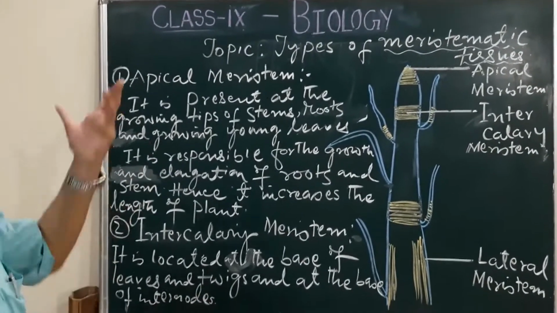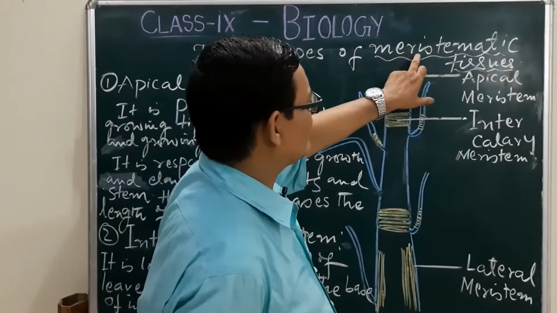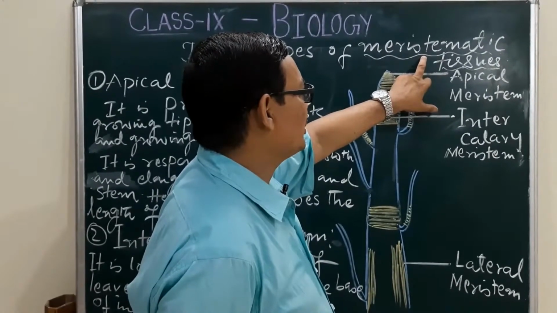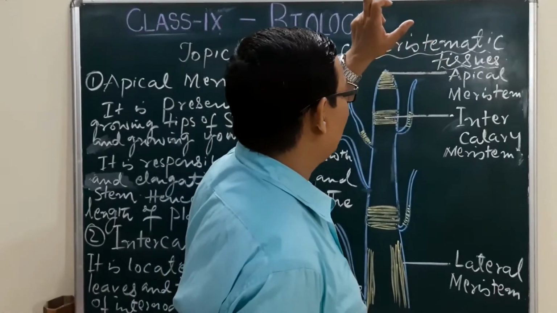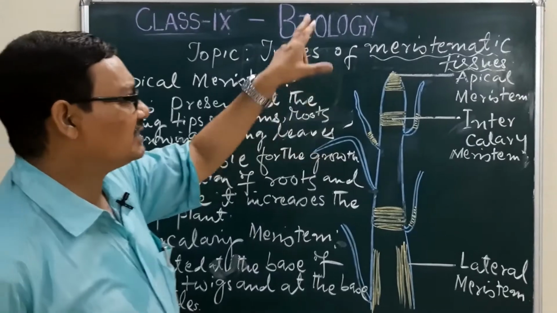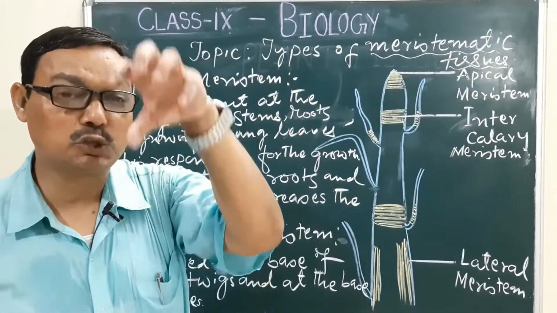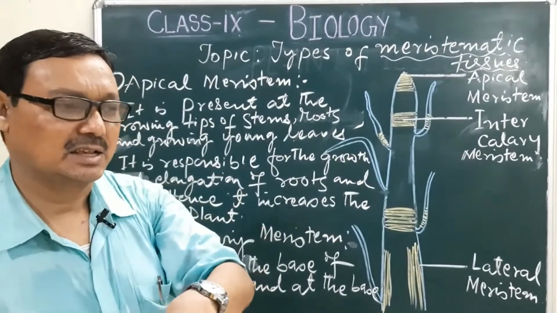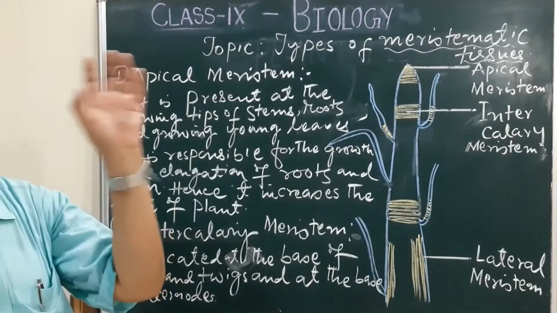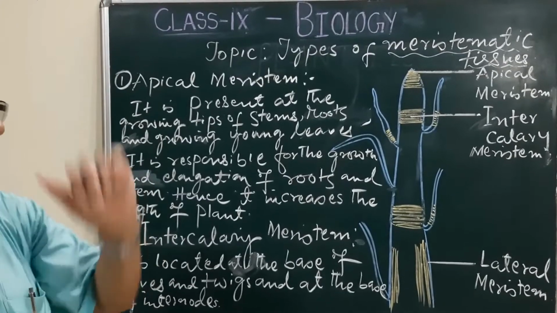This fact is also true in case of the plant, and this tissue is based on cells which have the ability of cell division, and that is why these tissues mainly occur in those places which are considered the growing regions of the plant.